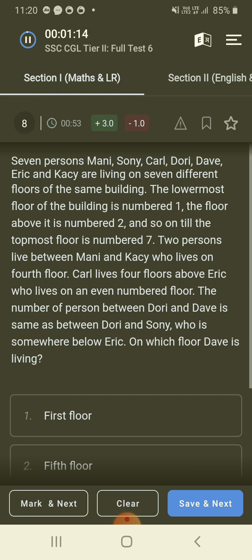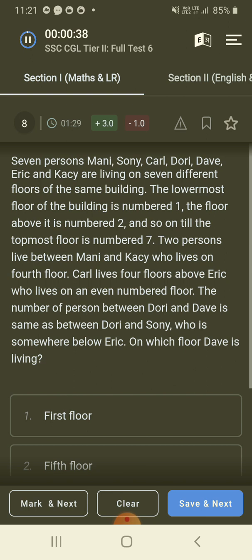The number of persons between Dory and Dave is the same as between Dory and Sony, who is somewhere below Eric. Sony, then Dory, Sony, Dave.